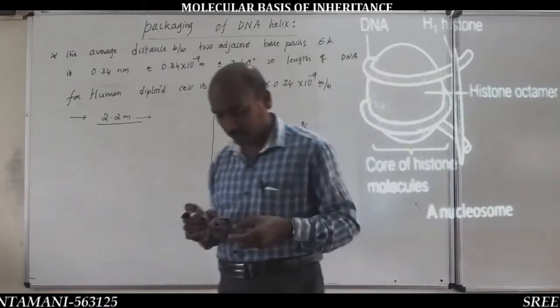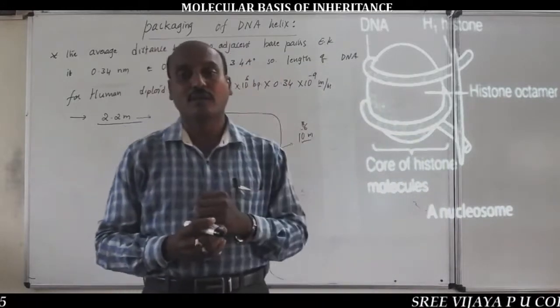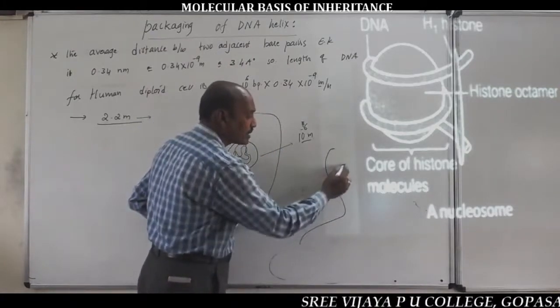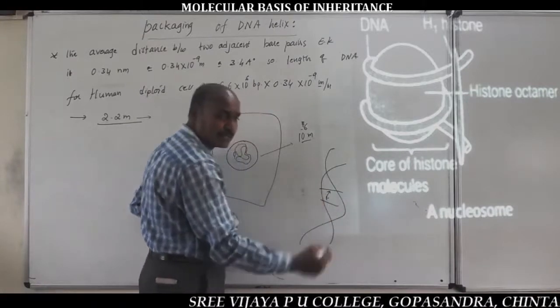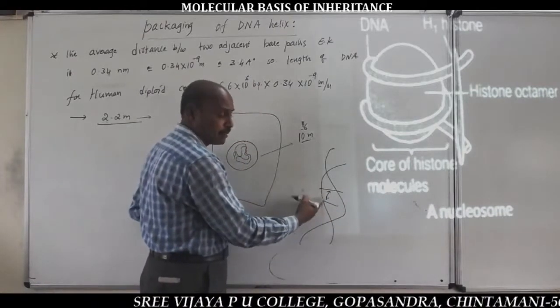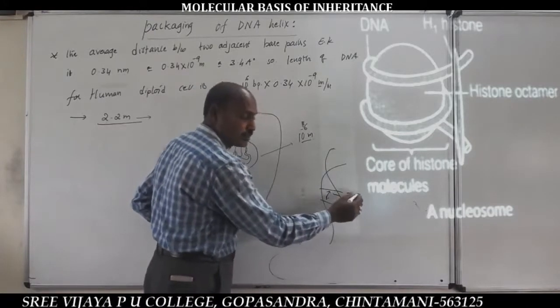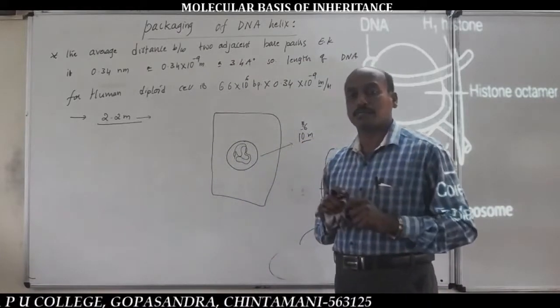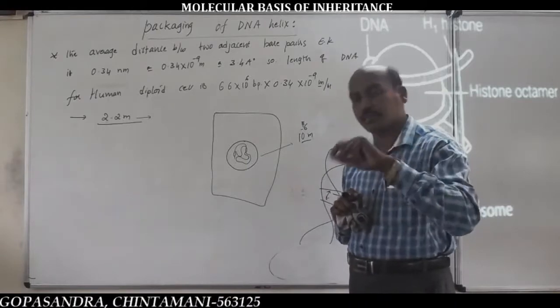You should remember the introduction for packaging of DNA helix: the average distance between two alternative nitrogen base pairs of double-stranded DNA is 3.4 angstroms, or 0.34 nanometers, or 0.34 into 10 to the power of minus 9 meters.